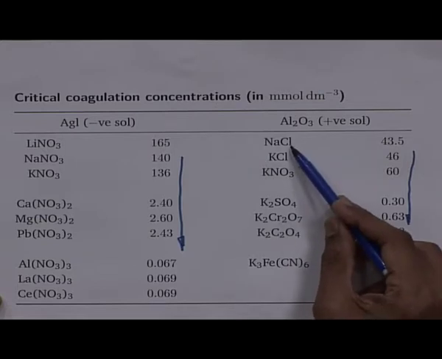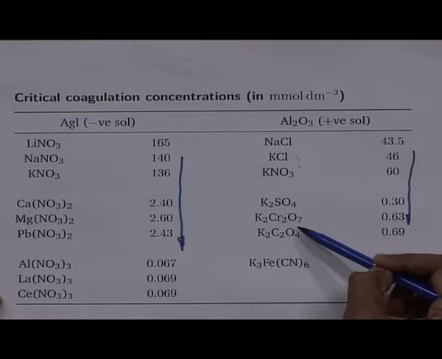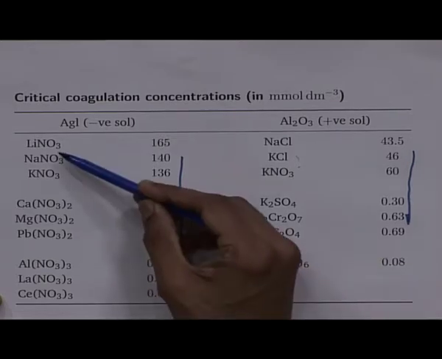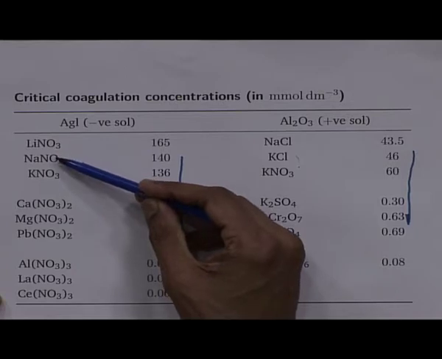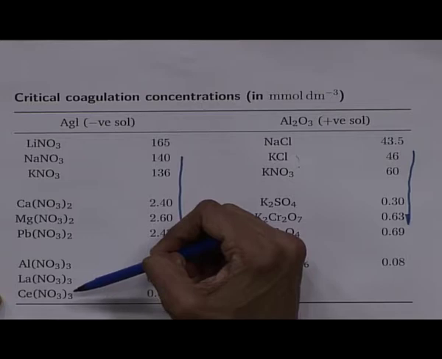The monoanion is less effective in coagulation compared to the dianion and the trianion, whereas here the monocation is less efficient than the dication as opposed to the trication.